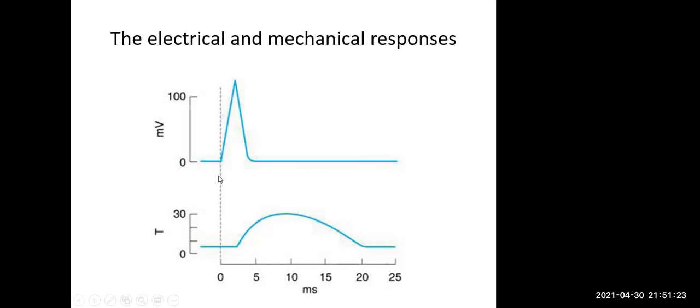Now, in this diagram, if you look below, you can find the mechanical event because of this action potential, because of this electrical event. So there is an action potential, and then we can find the mechanical event.